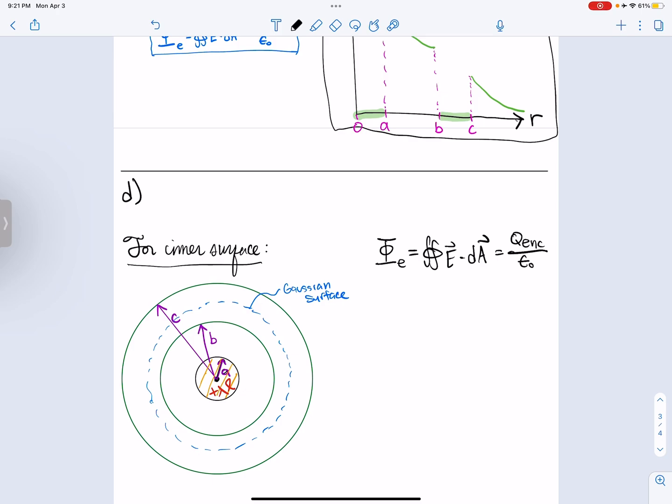Because the electric field between radius B and radius C is 0, as we calculated in part C, 0 is equal to Q enclosed over epsilon naught. Therefore, my charge enclosed has to equal 0 too.